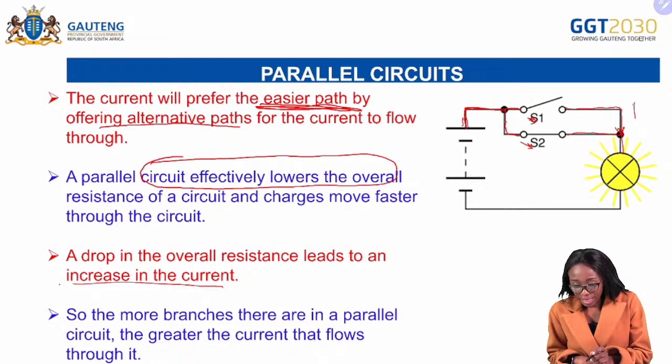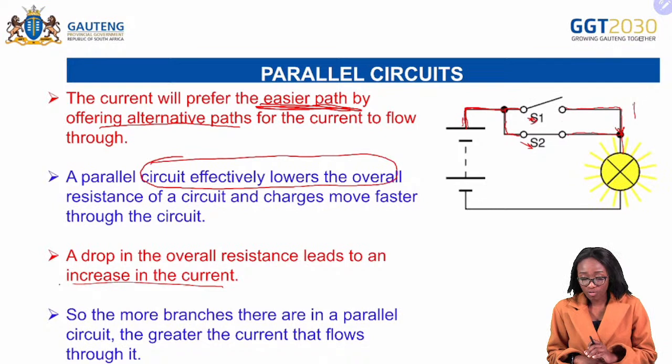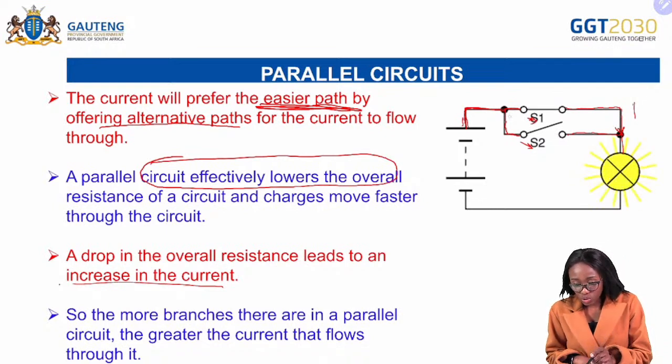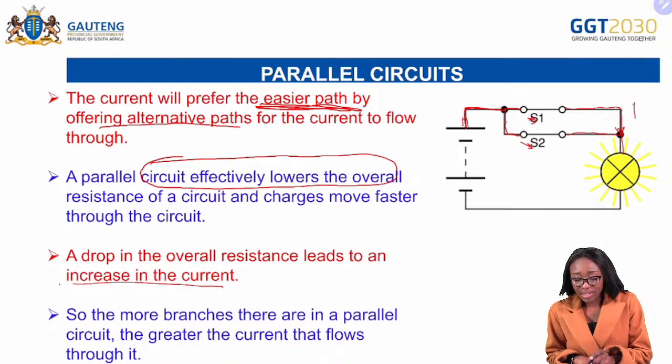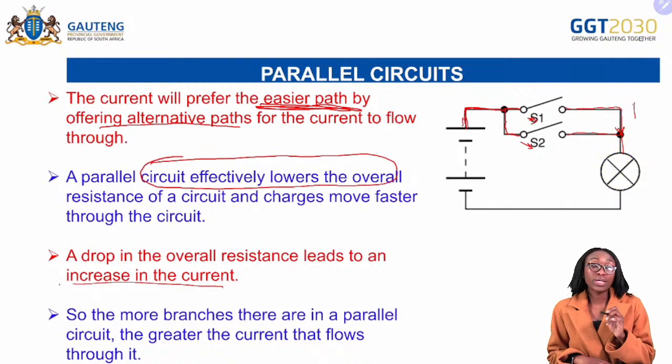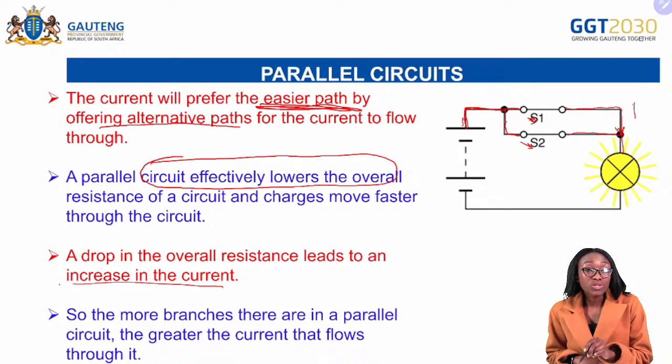When switch 1 and 2 are off, the bulb is off. However, when switch 1 is on, the bulb is still on because current is moving through pathway number 1. When switch 1 is off and switch 2 is on, the bulb will still switch on because the current is going to move through pathway number 2, the one that leads to switch 2.